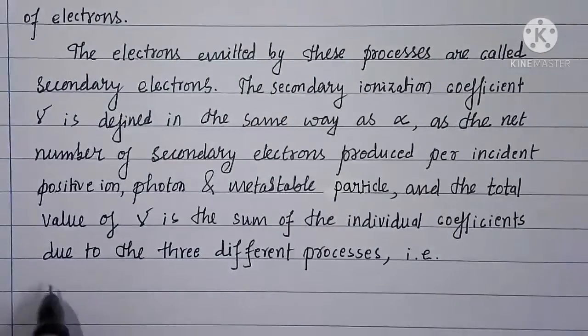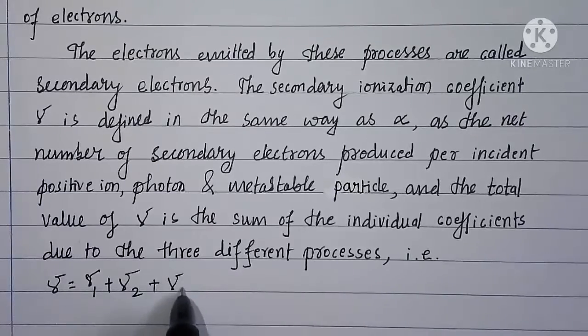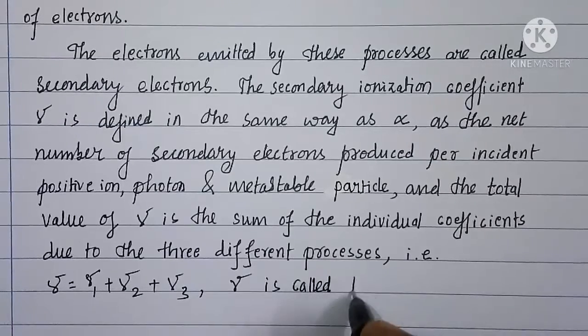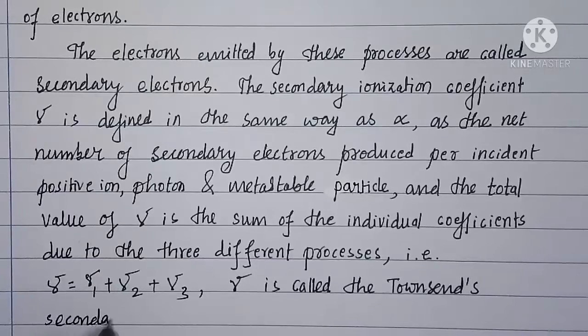That is gamma equal to gamma 1 plus gamma 2 plus gamma 3. Gamma is called the Townsend's secondary ionization coefficient.